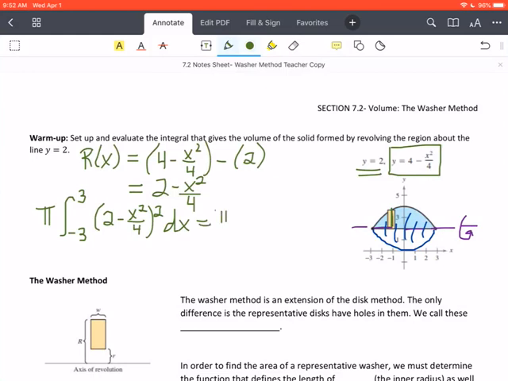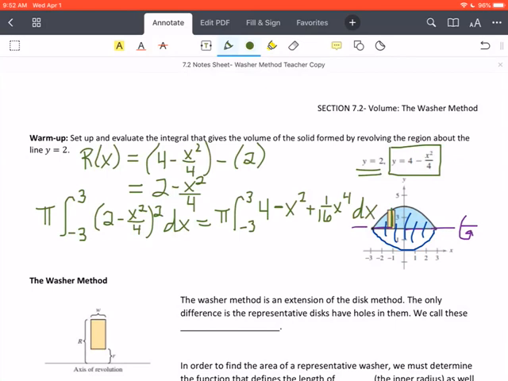So we have pi times the integral from -3 to 3, and when we expand the binomial being squared, we get 4 minus x squared plus 1/16 x to the 4th. I'm taking 2 minus x squared over 4 times 2 minus x squared over 4, so double distributing.